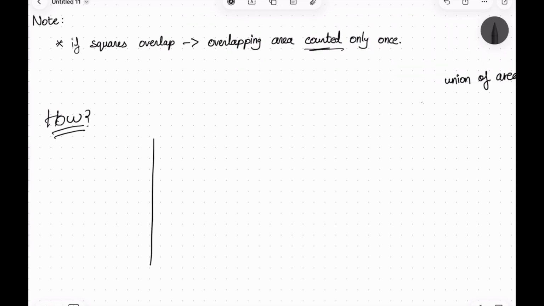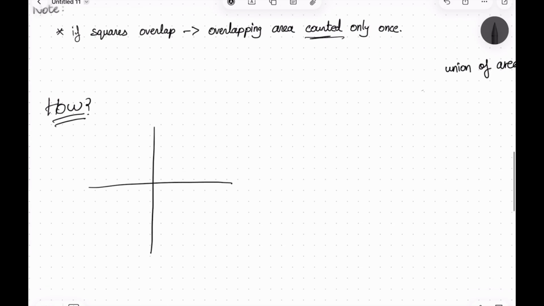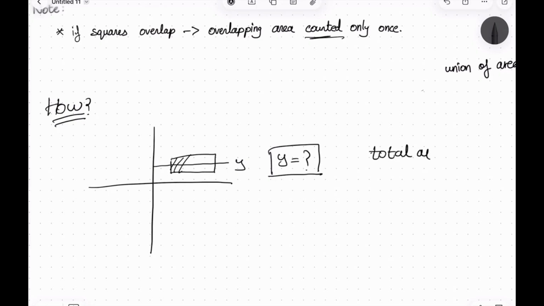So we have a grid, right? And we have a square, and let this be y. Here we have to understand the formula, like what exactly is y and how do we find y. To find y, what are the things we need? We need a total area, which is the area of the complete rectangle.